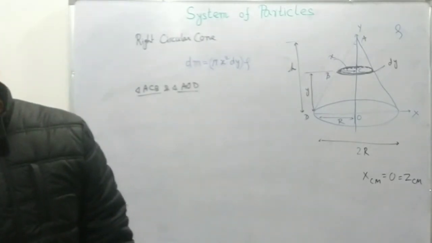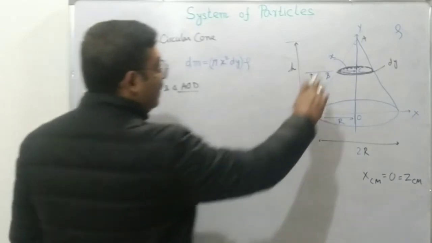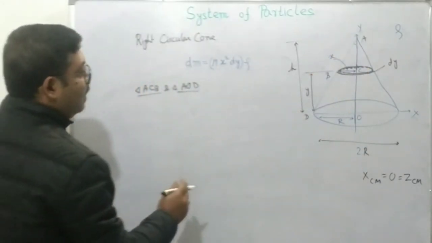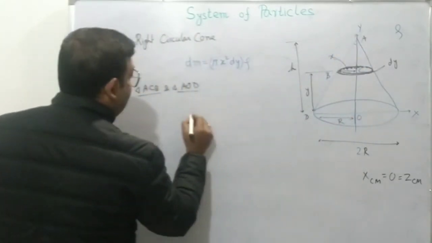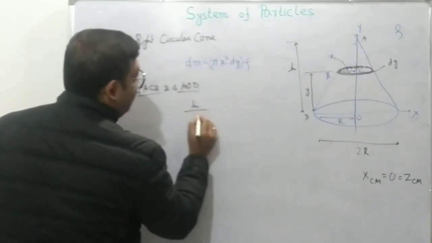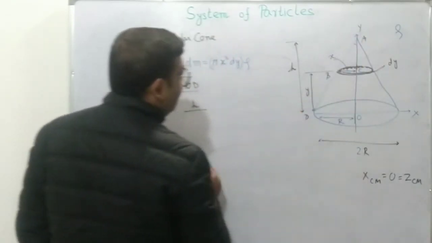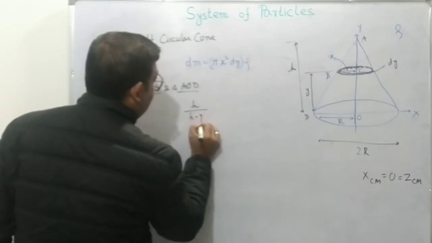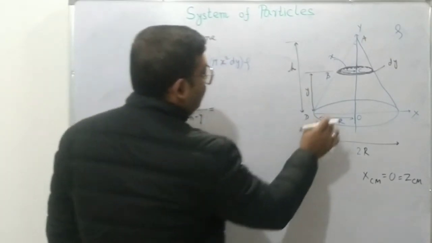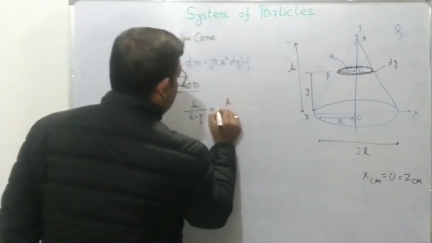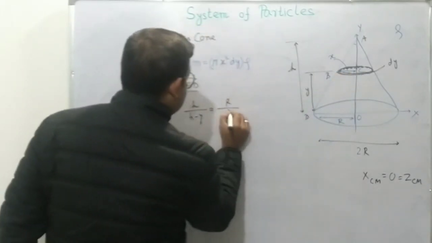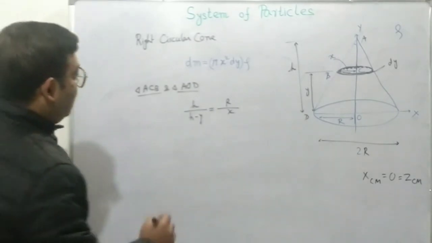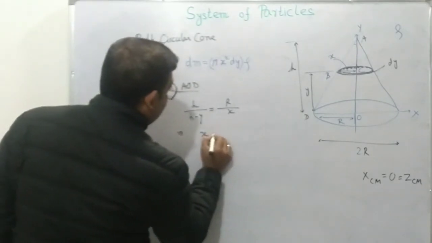If it is so, then we must have the entire length AO, that is H, divided by AC, so if this is y, this will be H minus y, equal to this length, which is R, divided by this length, which is x.